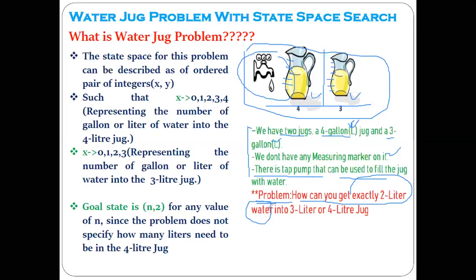Understand the problem carefully. How can you get exactly 2 liters of water into the 3 liter jug?